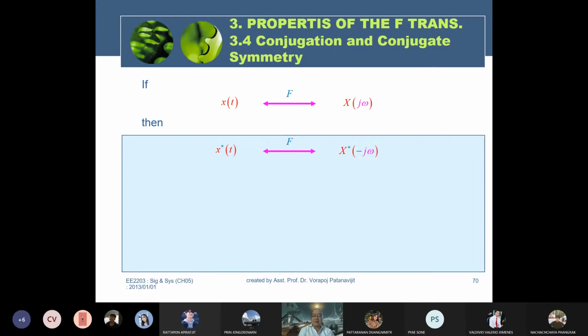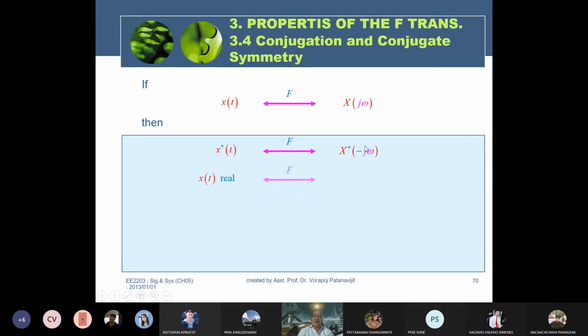But sometimes x(t) can be a complex number, such as 1 plus 5j. What about the Fourier transform of its conjugate? The conjugate of 1 plus 5j is 1 minus 5j instead. The Fourier transform of them equals the frequency reversal, and is conjugated in the final step.